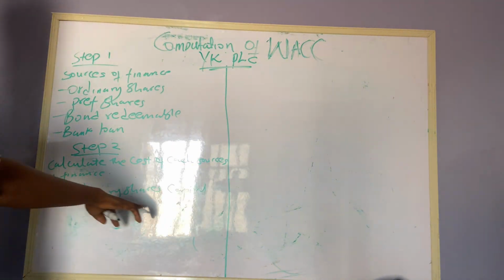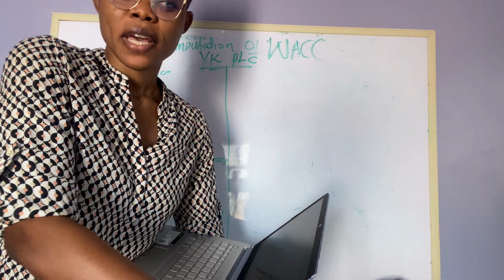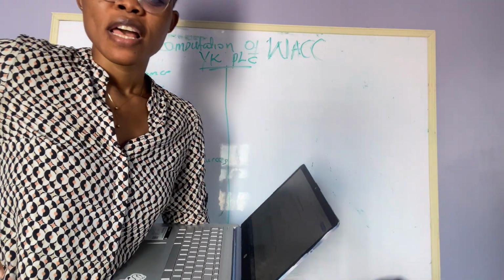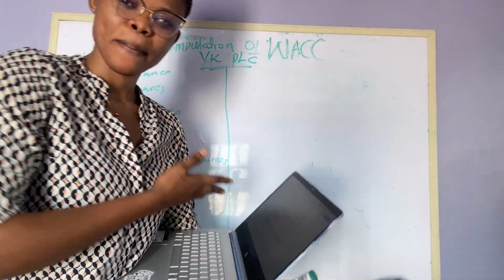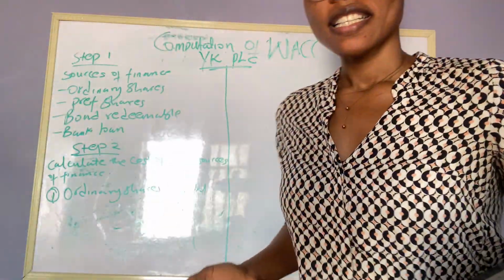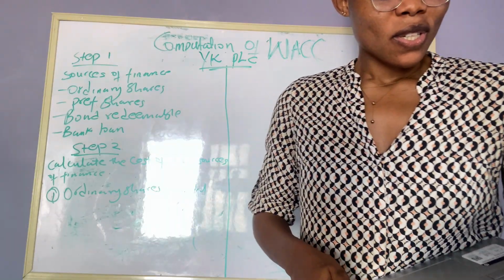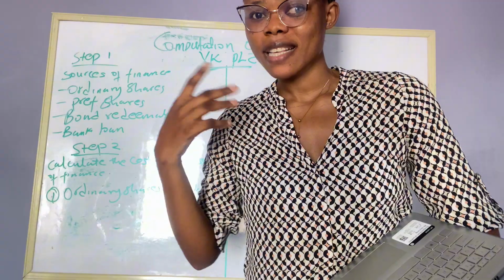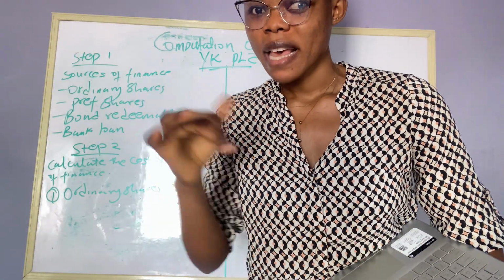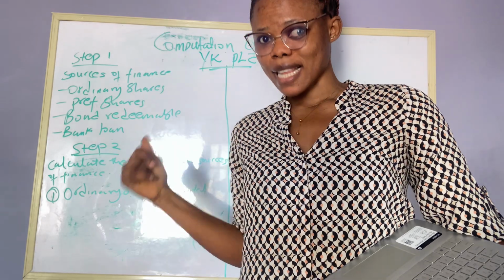So now if you want to calculate ordinary share capital, you ask yourself, which method of equity valuation am I going to use? Is it dividends or is it CAPM? You go back to your question. Your question will tell you. If it's CAPM, you will see CAPM formula element. If it is dividend, you see dividend element.